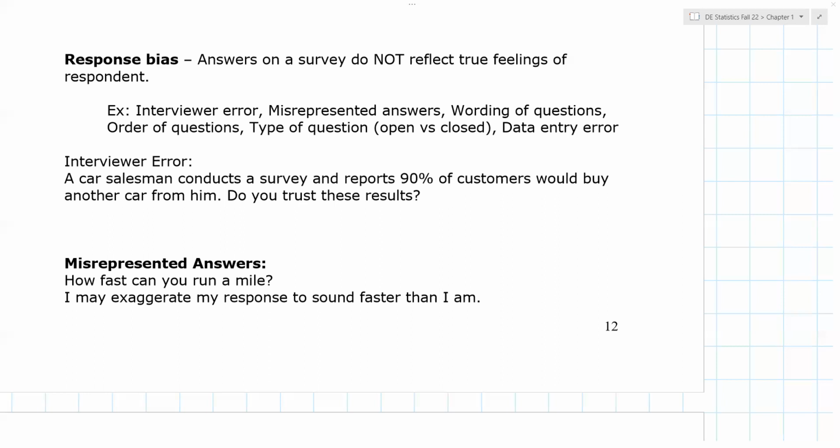Now, like with all statistics, this can be used in a sneaky way by different companies. One of those ways is by limiting your options and skewing you towards an answer that the company is looking for.